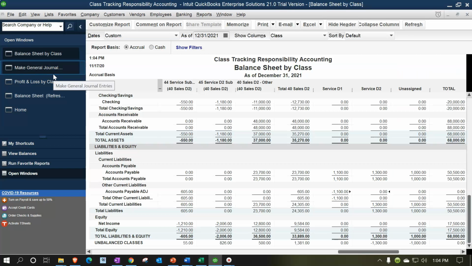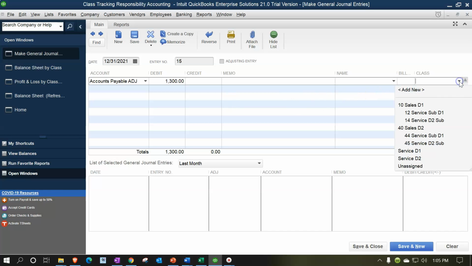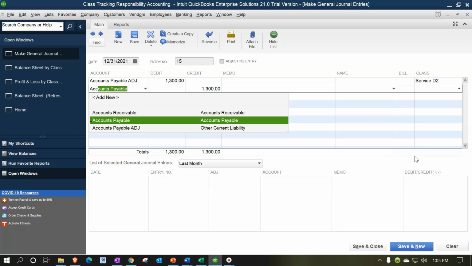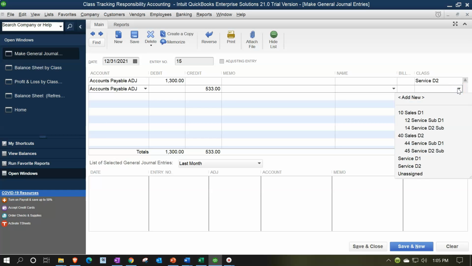This is going to be the accounts payable adjusting entry, which we're going to credit, or I'm sorry, debit it for the 1300. So 1300, and then this is going to take it out of the service D2, and then accounts payable adjusting entry on the credit 1300 times 0.41, and then this is going to be going to the service D1.